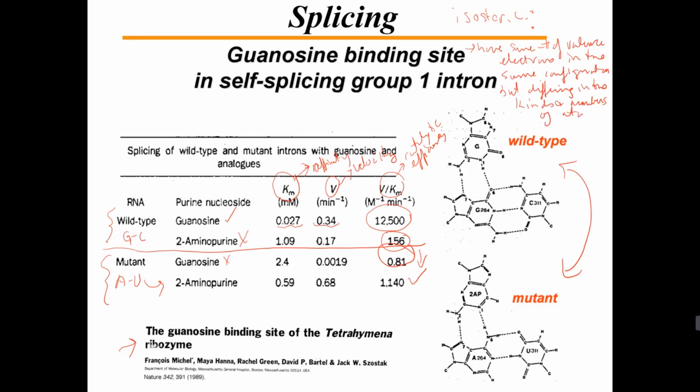Okay, so basically a similar electrical arrangement in both the wild type and the mutant, but differing in the number and kinds of atoms that are used. Okay, so having the same number of valence electrons in the same configuration. And this is why the double mutant in the presence of 2-aminopurine was actually able to restore catalysis to that particular intron.